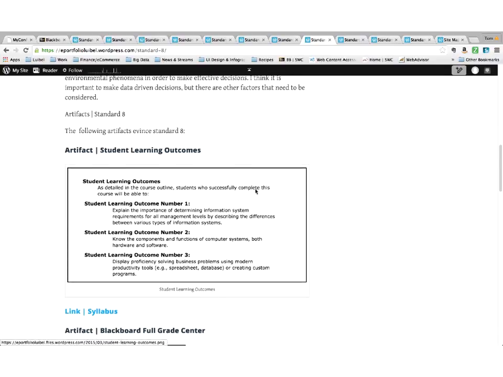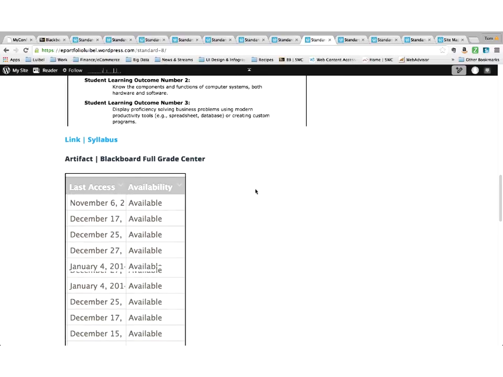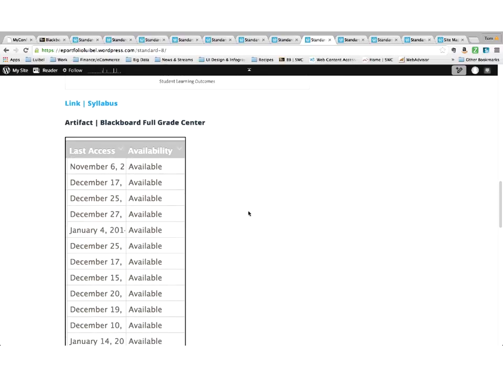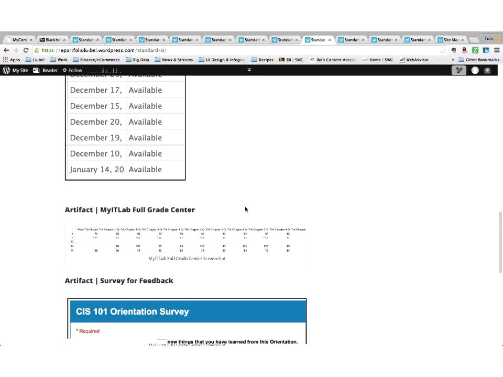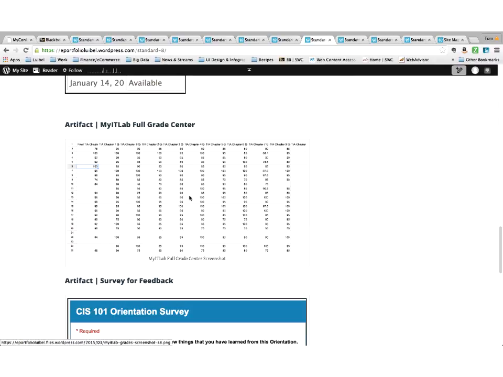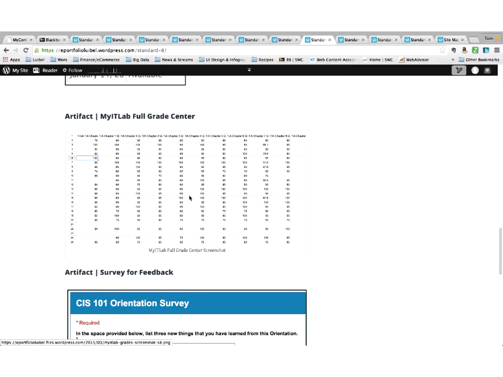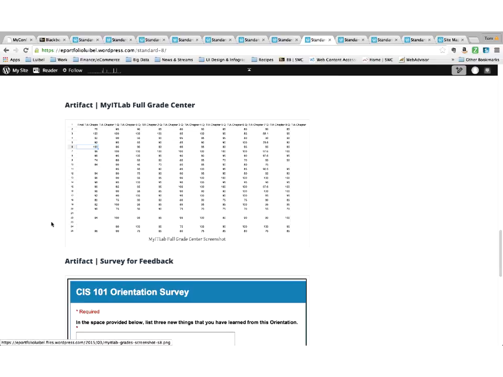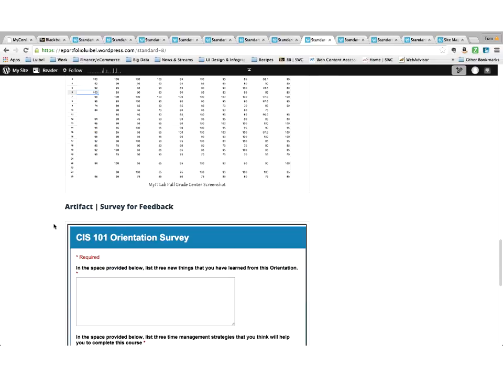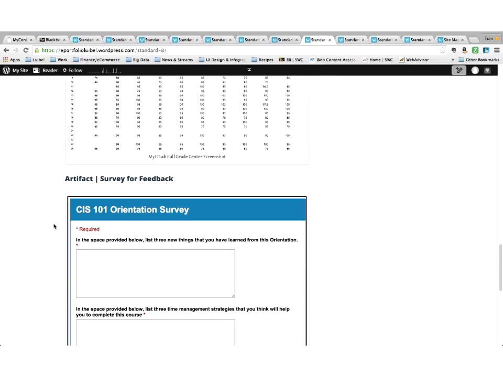So again, I have the learning outcomes. We use the Blackboard Full Grade Center. I have a shot of what I download and look at in my IT Lab Full Grade Center. What I typically do, once a week, is populate new scores back into Blackboard, because we don't have them synchronized right now because of some problems.